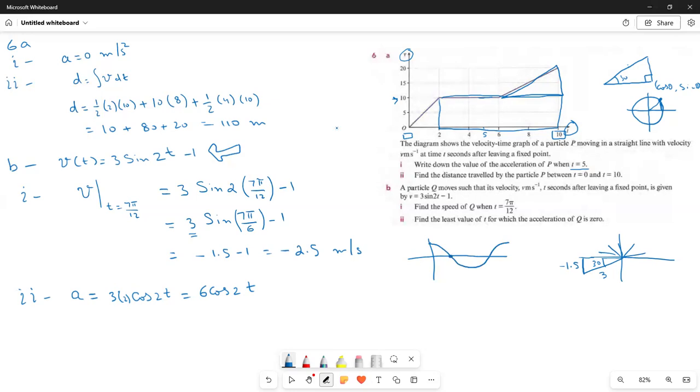It becomes 0 when 2t is equal to 90 degrees, or pi by 2. So acceleration becomes 0 for the first time when 2t is equal to pi by 2, or t is equal to pi by 4. So this is our answer.